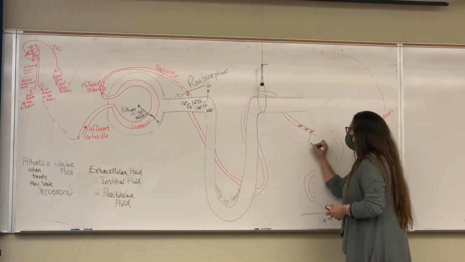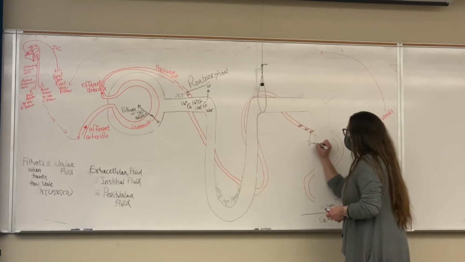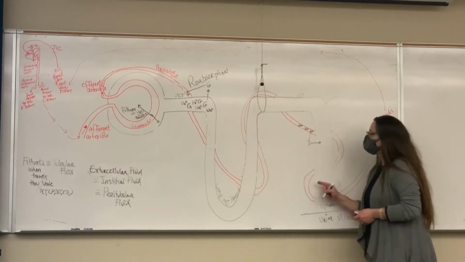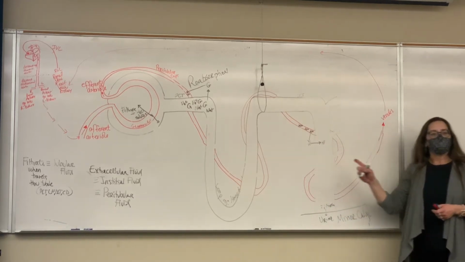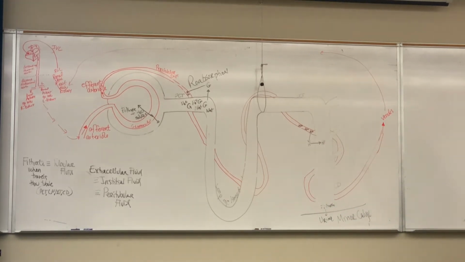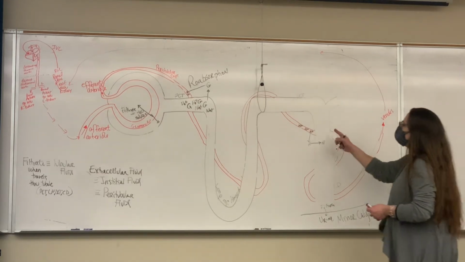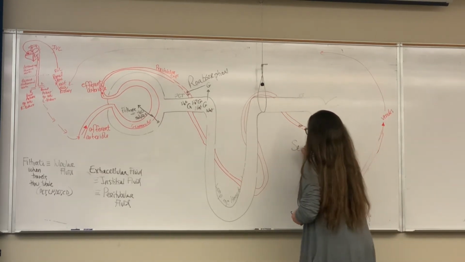With pumps or channels, we would then have it go across the wall of the tubule and into the filtrate that's in the renal tubule. So this direction is secretion.